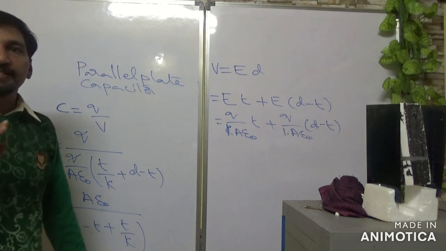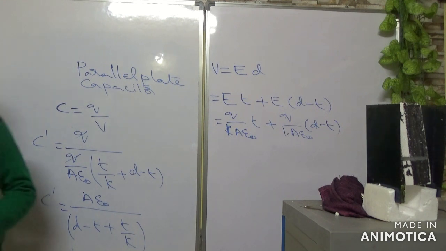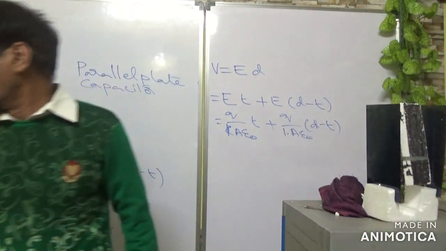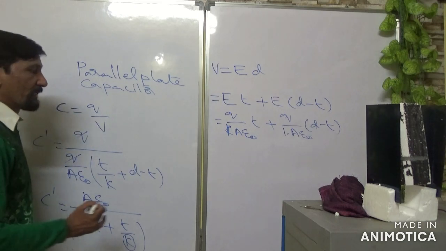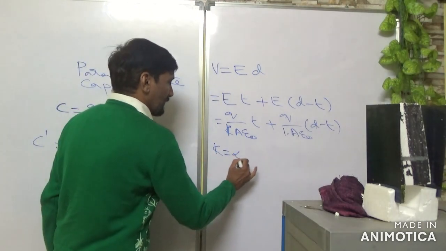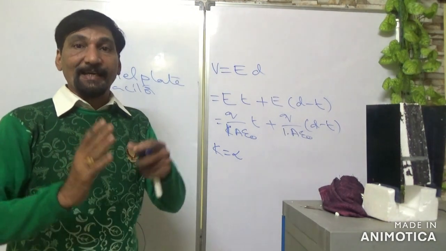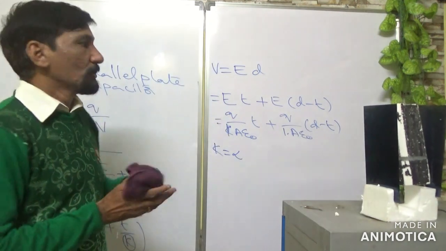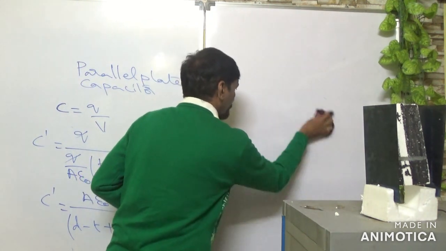Suppose you are placing a metal between the plates. Whenever you place a metal in between the plates, the dielectric constant for a metal is always infinity. Remember, whenever you place a metal in place of the dielectric between the two plates, the K value will become infinity.